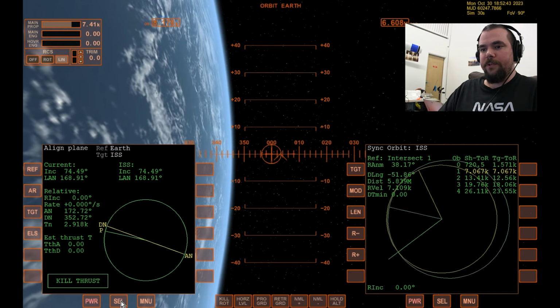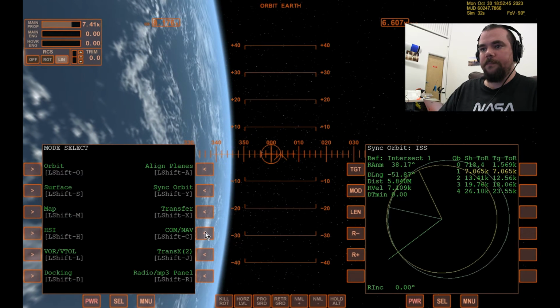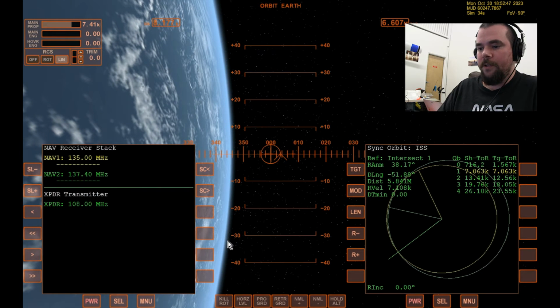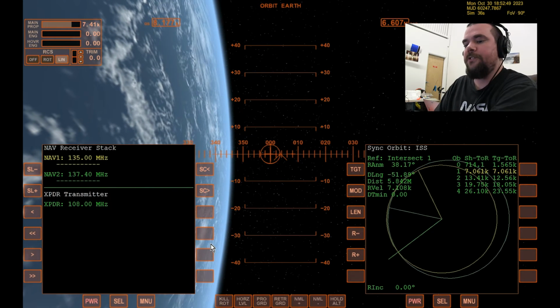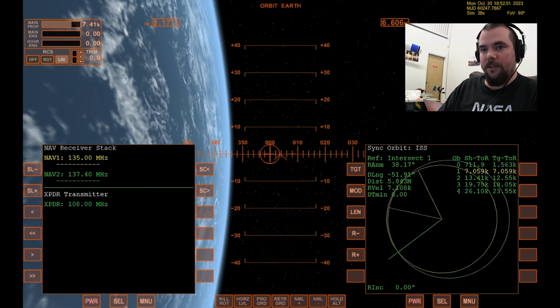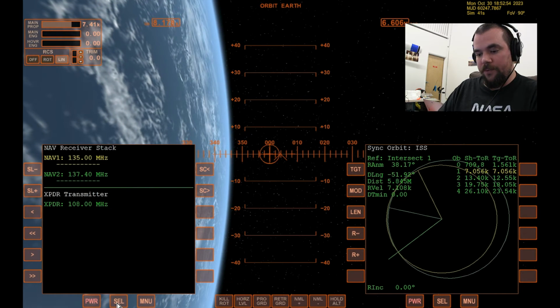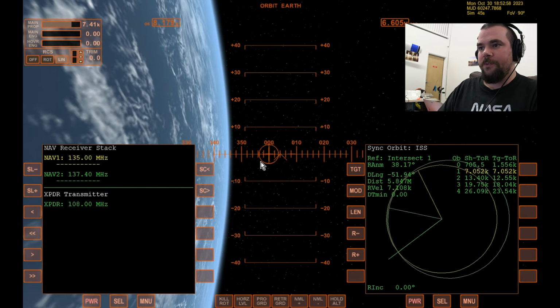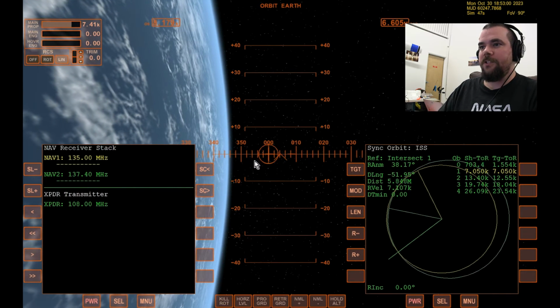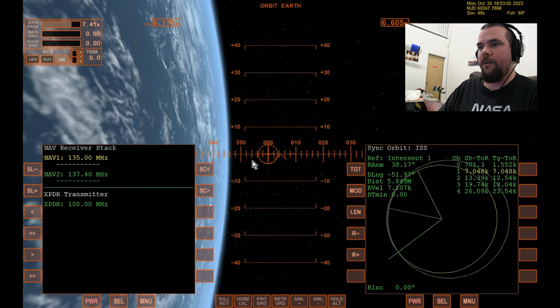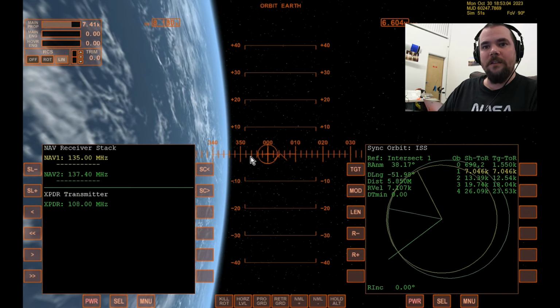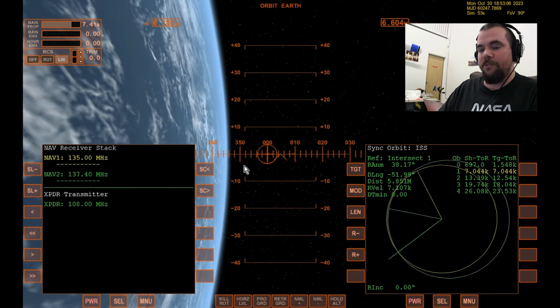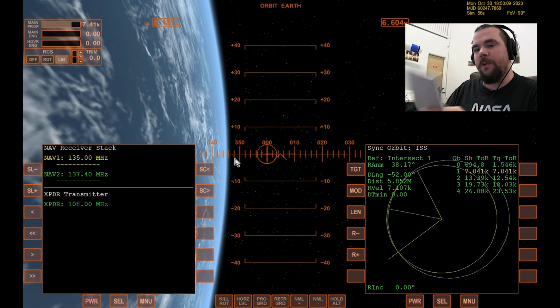So next thing I'm going to do here is go ahead and set up my comm radio here. Tune it into the International Space Station's transponder frequency, which is going to give me telemetry as we approach. And it'll also allow me to use the heads-up display to see where the International Space Station is and our closing velocity, and it'll show me the vectors in the heads-up display for the towards and away vectors.